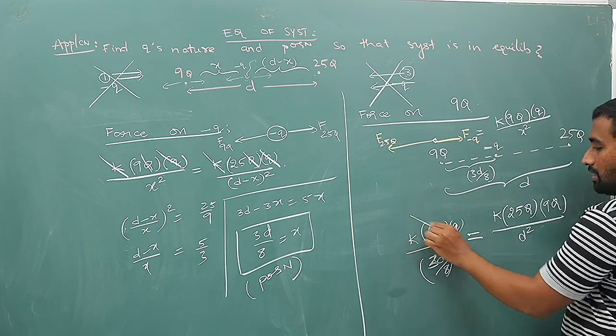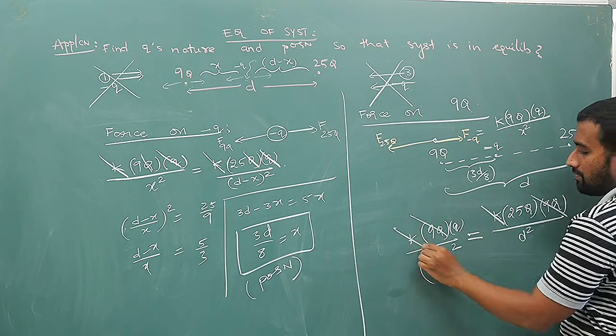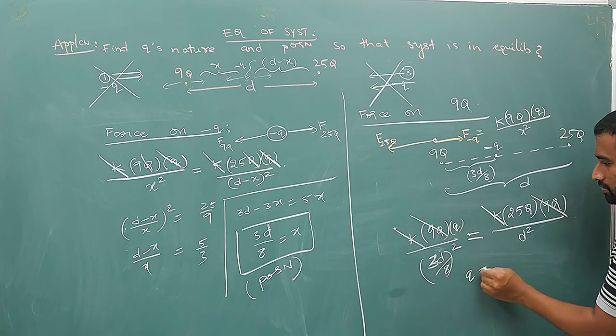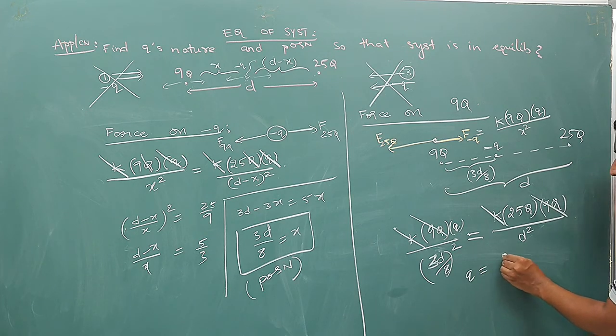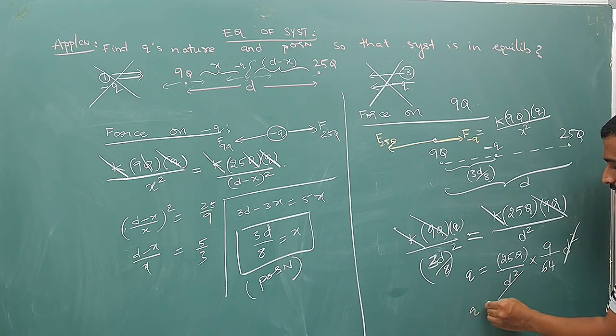So now 9q will go off, k will go off. You are going to get small q is equal to 25q by d square times 3 square is 9, 9 by 64 into d square. D square will cancel off. You are going to get q equal to 225q by 64.